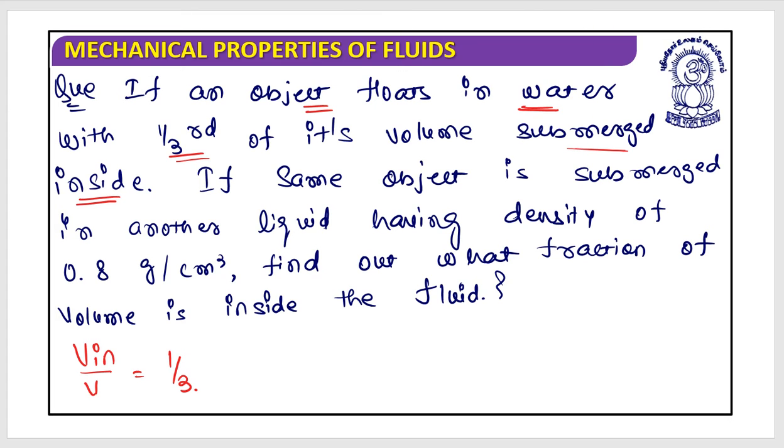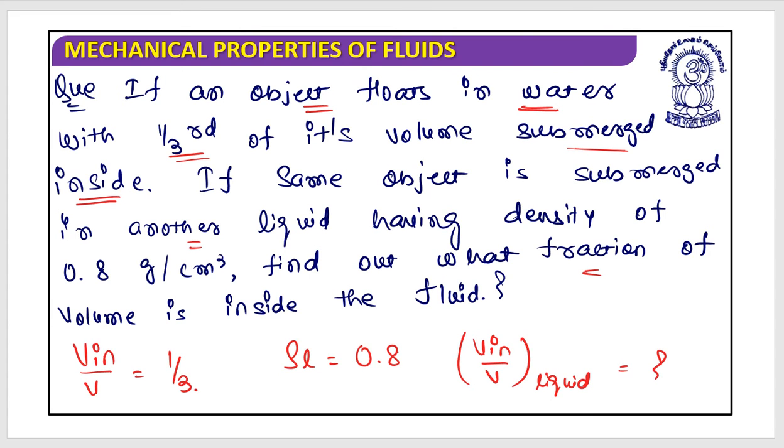Now if the same object is submerged in another liquid with a density of 0.8 gram per centimeter cube, find out what fraction of volume is inside this fluid. V in by V of this liquid has been asked.